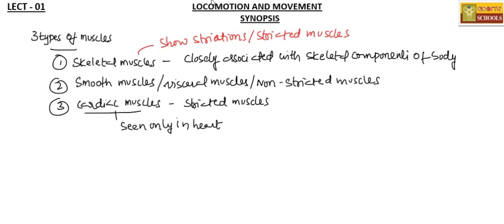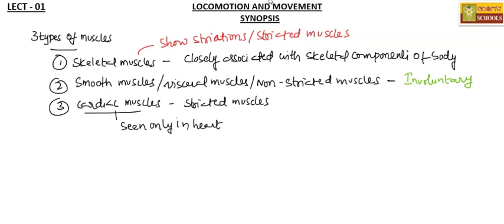Before that, as I said, the smooth muscles are non-striated muscles. So these are involuntary in function. The smooth muscles are involuntary. So they are under the control of the brain, but indirectly. It is the autonomic nervous system that will take control of these smooth muscles.